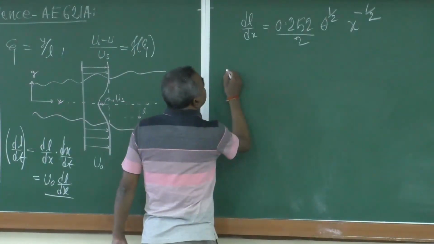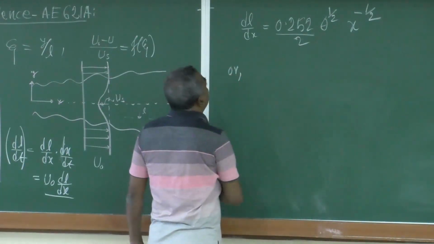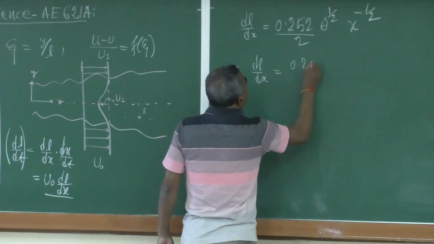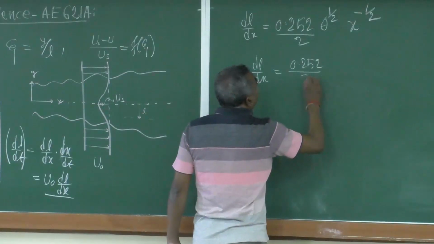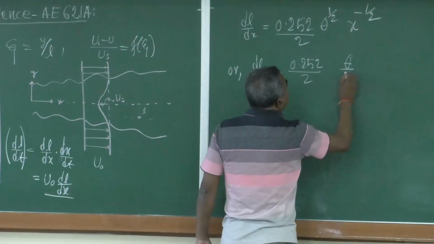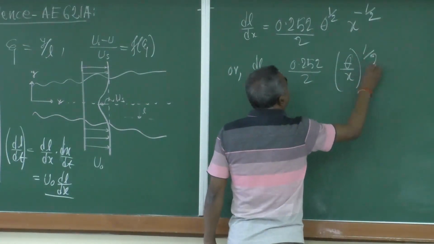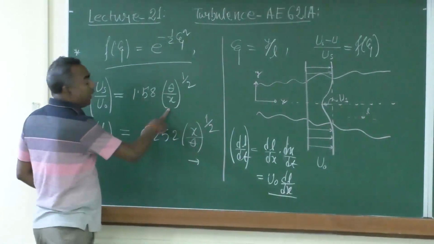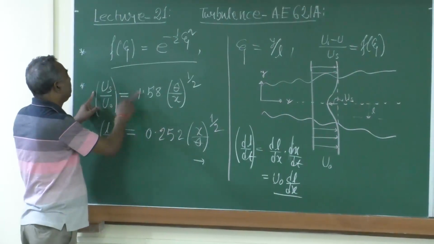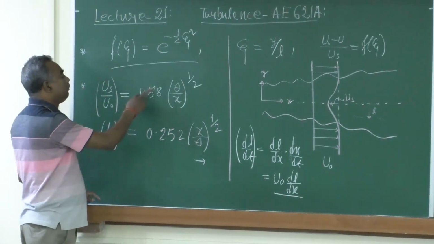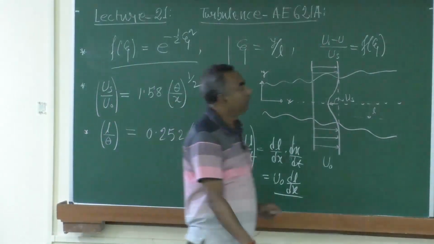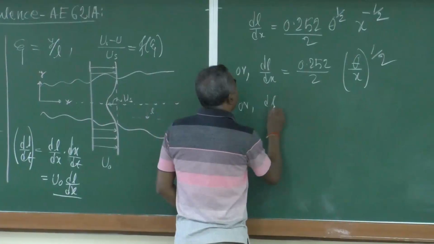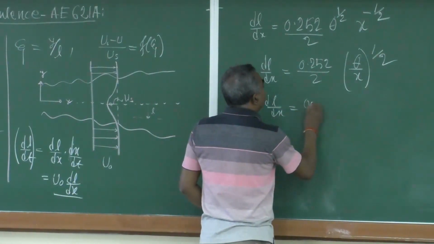Or dl dx equals 0.252, and then this can be written as theta by x to the power half. Now you see this equation, theta by x to the power half equals this divided by 1.58.